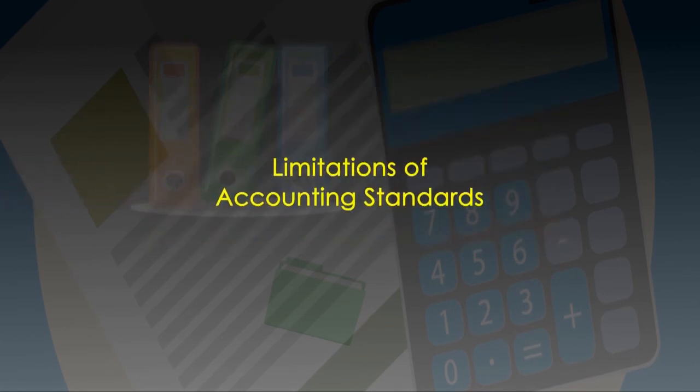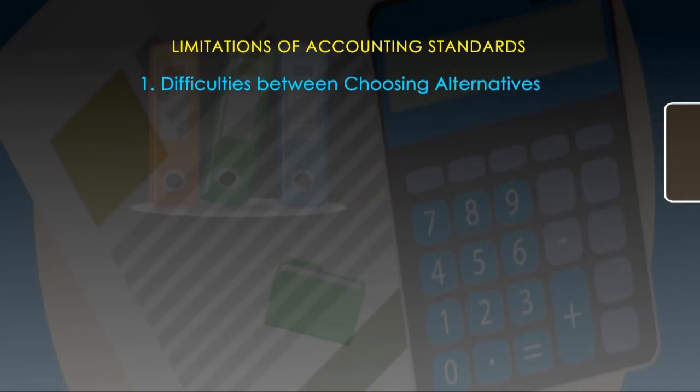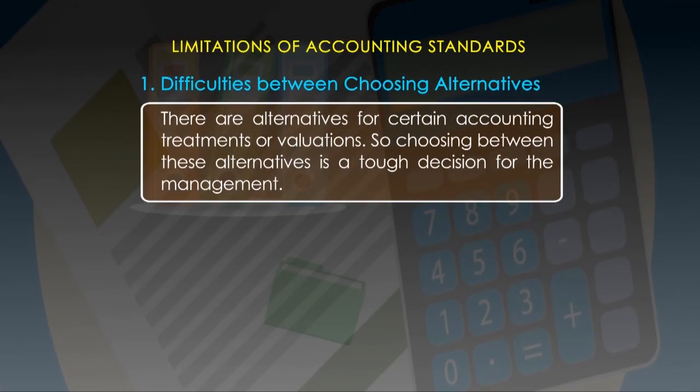Now we have limitation of accounting standards. There are a few limitations of accounting standards as well. The regulatory bodies keep updating the standards to restrict these limitations. They are: number one, difficulties in choosing between alternatives.